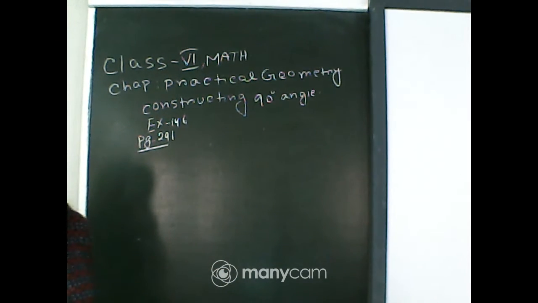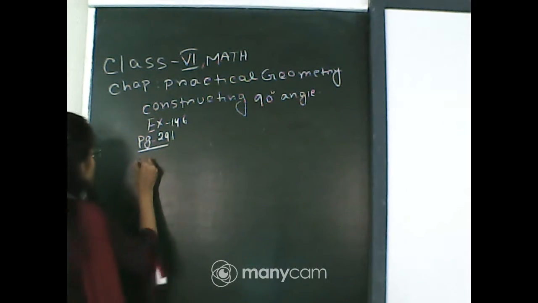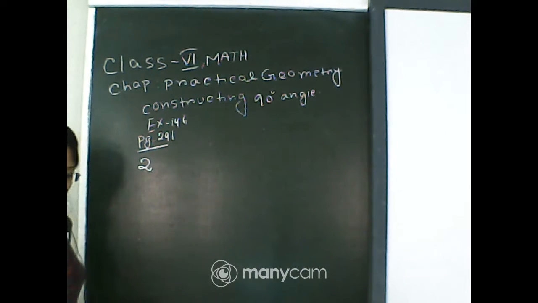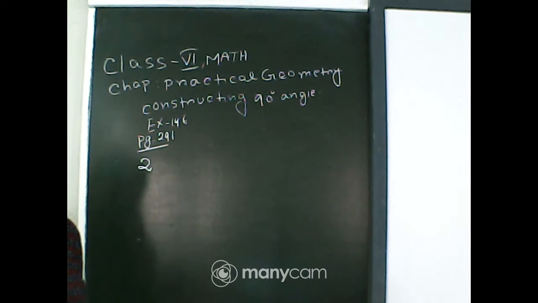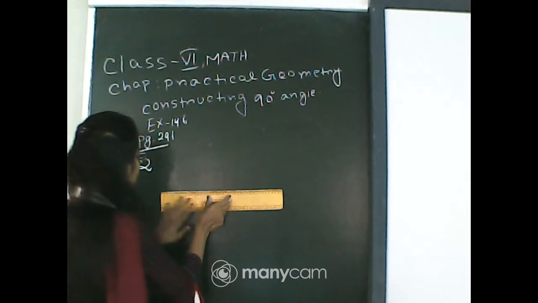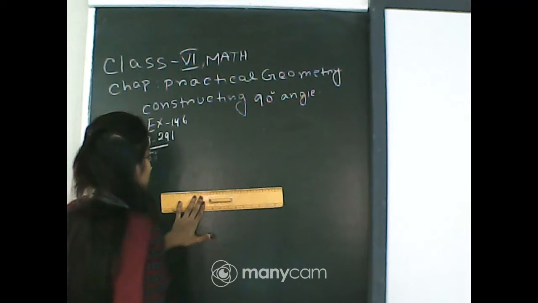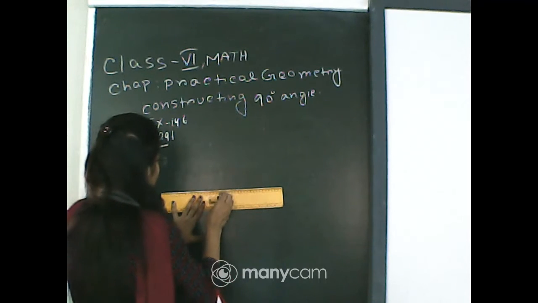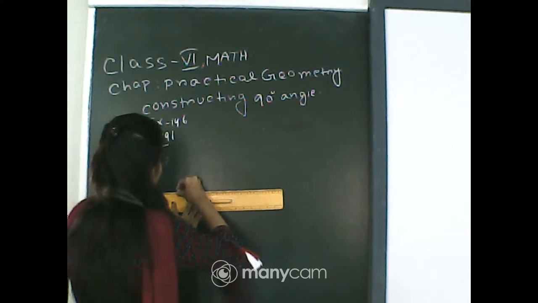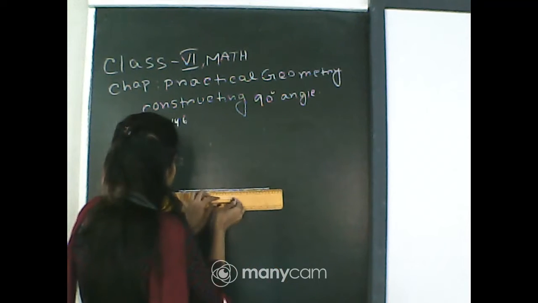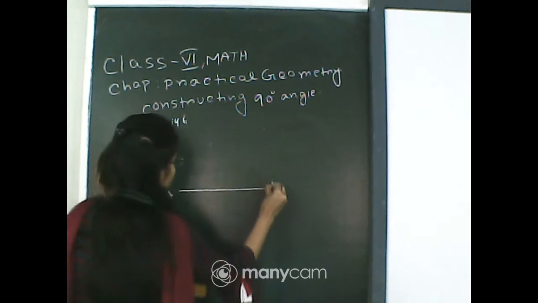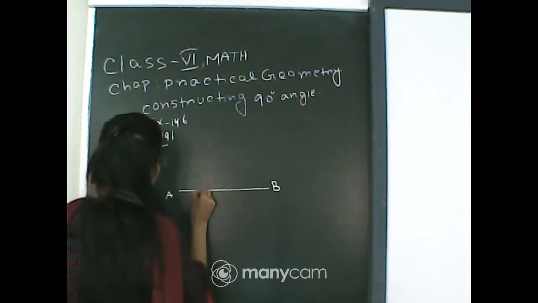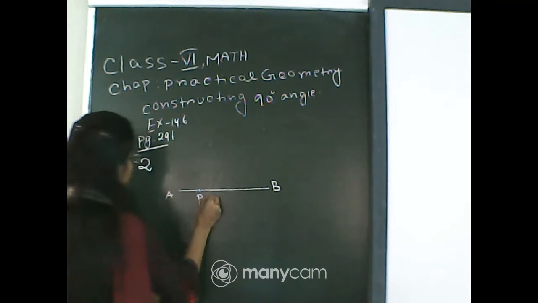Question number 2 of exercise 14.6, page 291. First we draw 147 degree with the help of scale and protractor. To construct 147 degree, we first draw a line AB and take a point P on it.